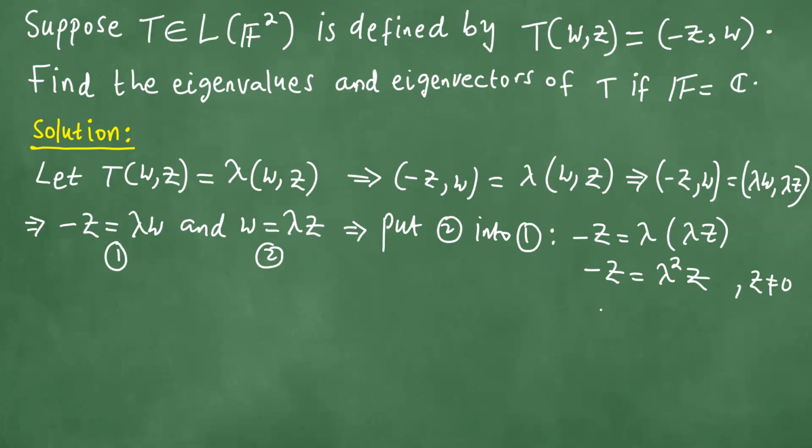So we can divide through by Z, getting λ² equals −1, which means λ is plus or minus i. These two are what we call the eigenvalues. So these are the eigenvalues, and it remains for us to find the eigenvectors.